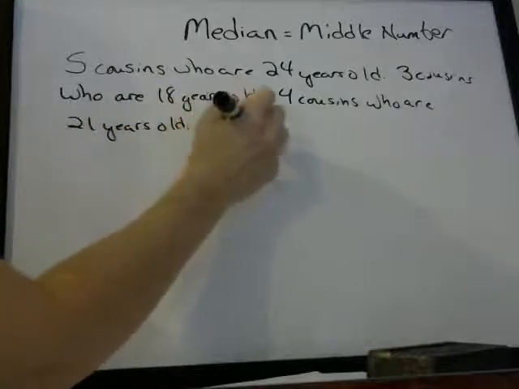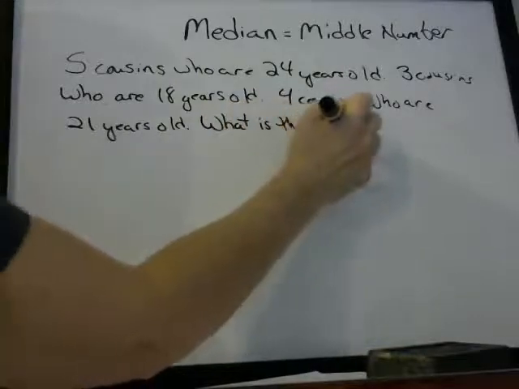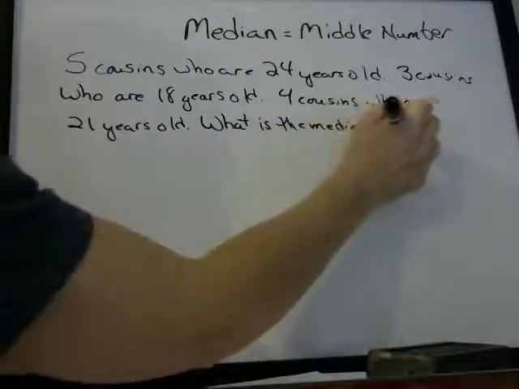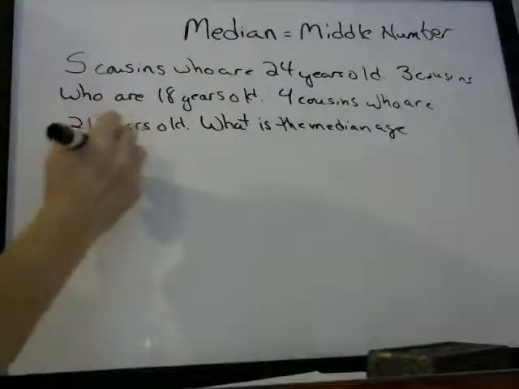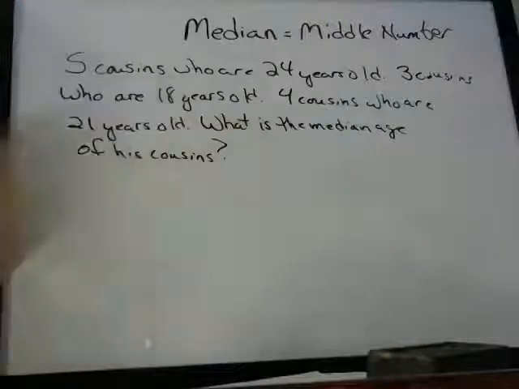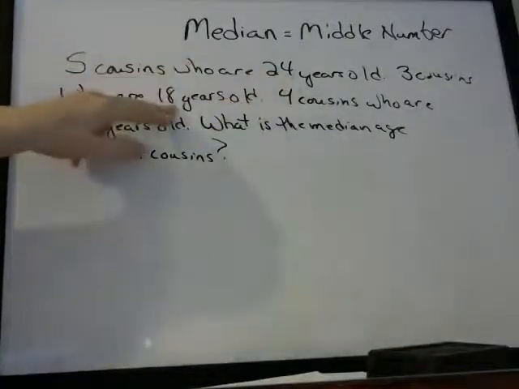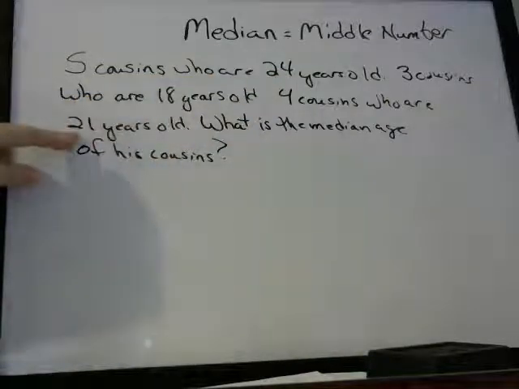What is the median age of his cousins that he met? So he met 5 cousins who are 24, 3 who are 18, and 4 who are 21. So what's the median age?